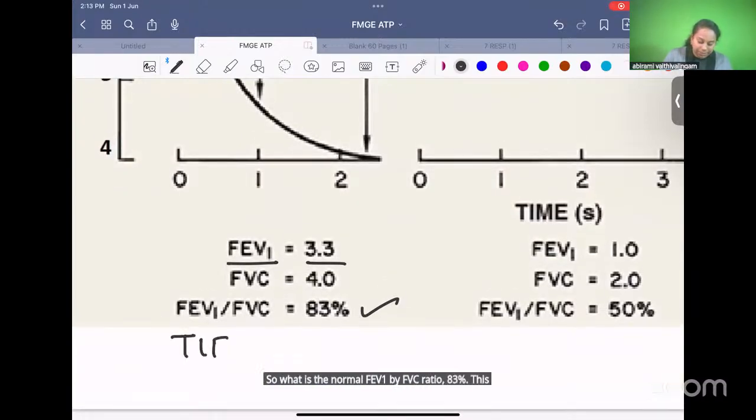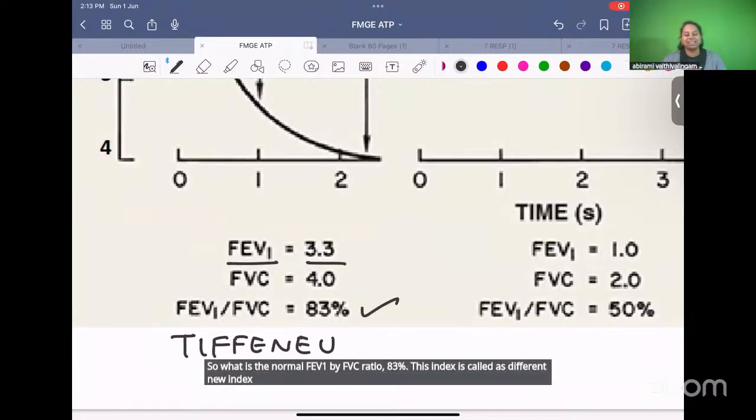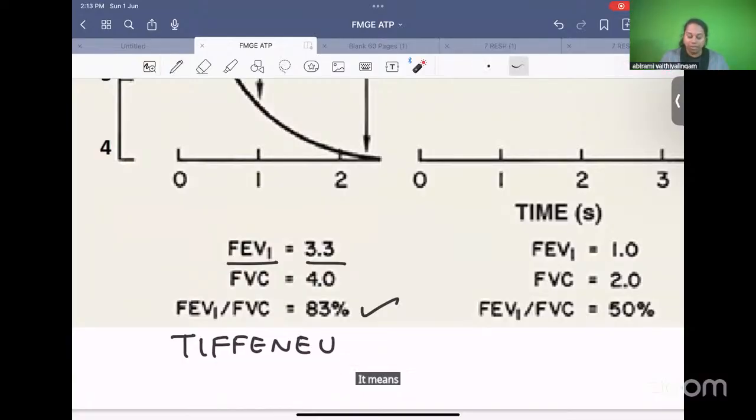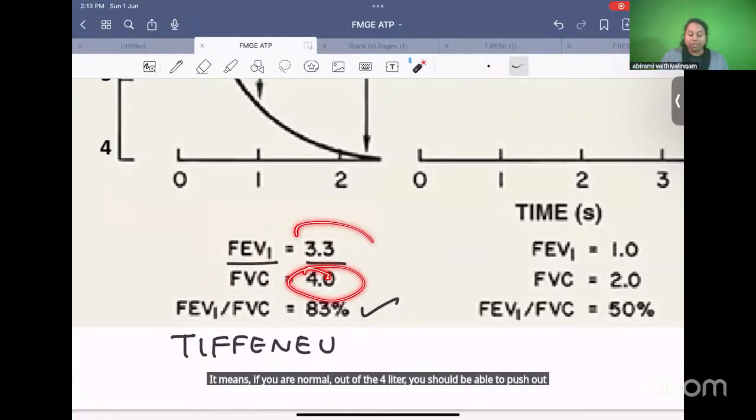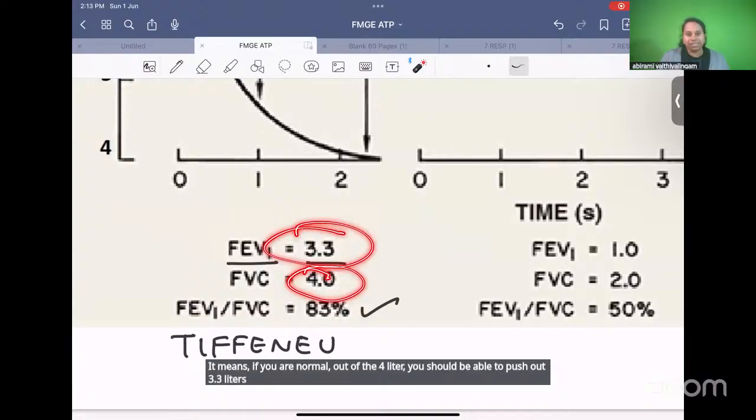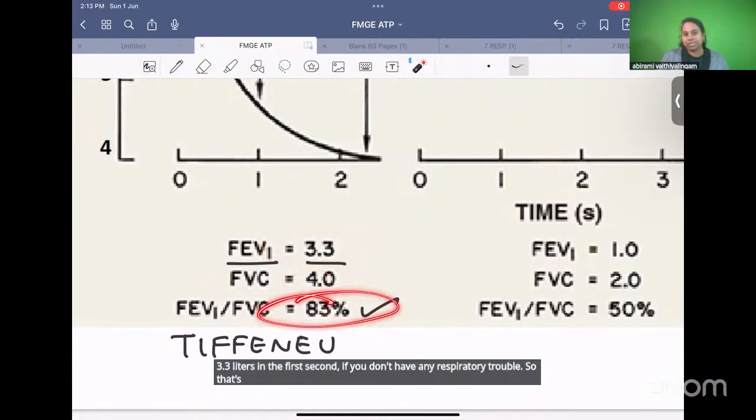This index is called the Tiffeneau index. Exactly, Ranjan. Tiffeneau index, normal value is 83%. It means if you are normal, out of the 4 liters, you should be able to push out 3.3 liters in the first second if you don't have any respiratory trouble. So that's how we get the 83%. 83% of the air should come out in the first second.